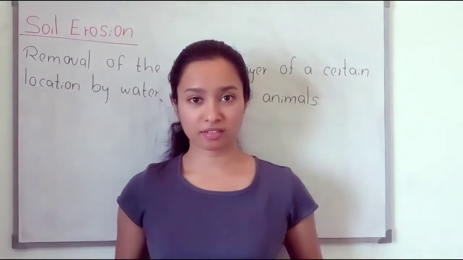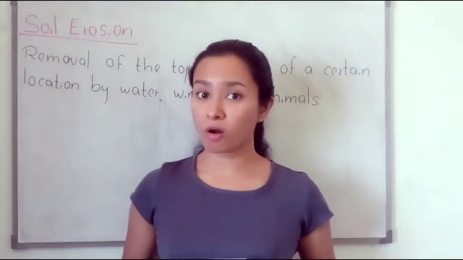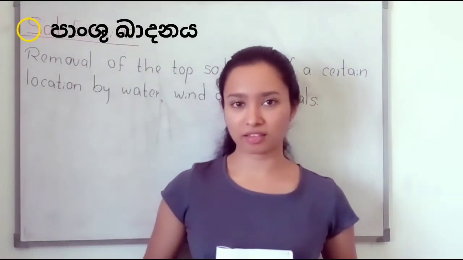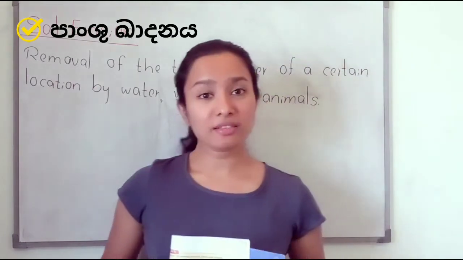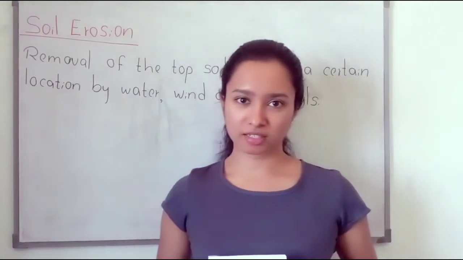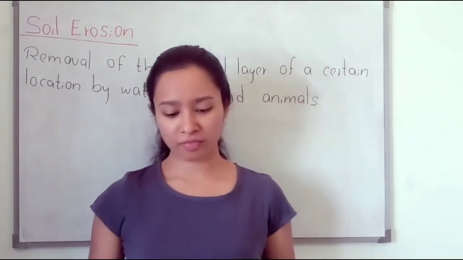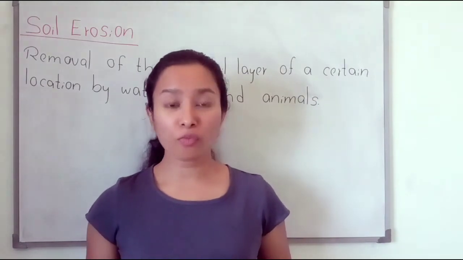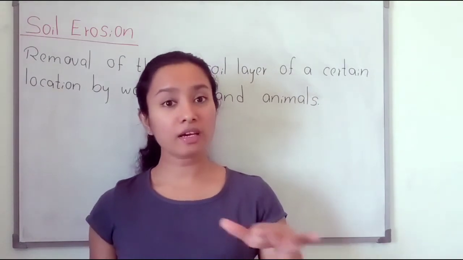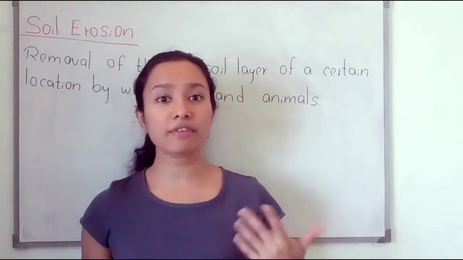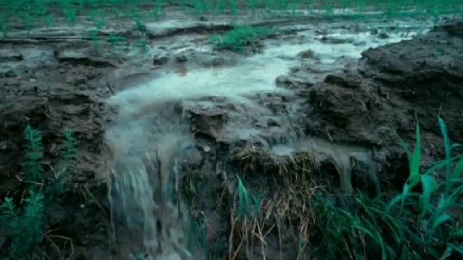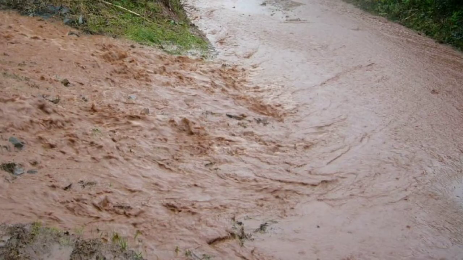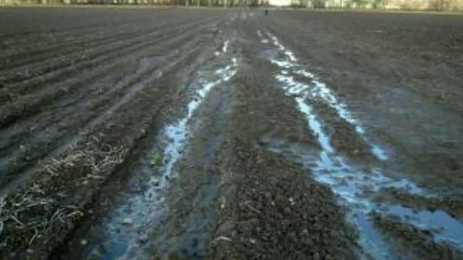Soil erosion. In Sinhala we call it Panshu Kadane. So what is the meaning of soil erosion? What is the color of water flowing above the soil during a rainy day? It can be a brown or muddy color, or otherwise dark or black.